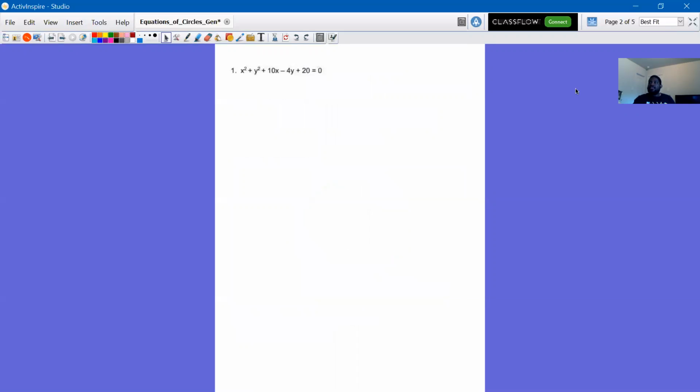So let's take a look at our first equation. What you can see here on the screen is x squared plus y squared plus 10x minus 4y plus 20 equals 0. And as you can see, both x squared and y squared have the same coefficient, so we definitely know it's a circle. So let's describe this circle. First, we need to write it in standard form.